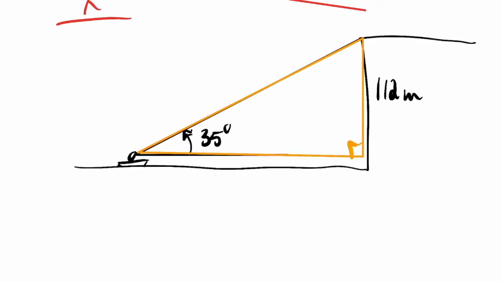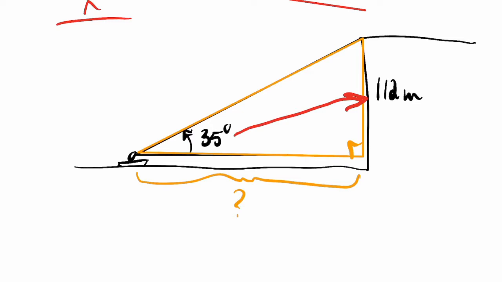And the question is, how far away is the boat from the base of the cliff? How far is that side of the triangle? How long is that, right? Well, I can think of this angle as having 112 as the opposite side of the triangle and having the question mark side be the adjacent side. So this would be opposite over adjacent.